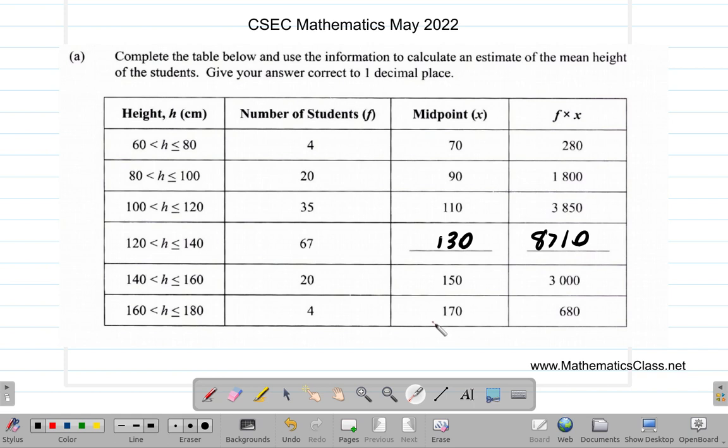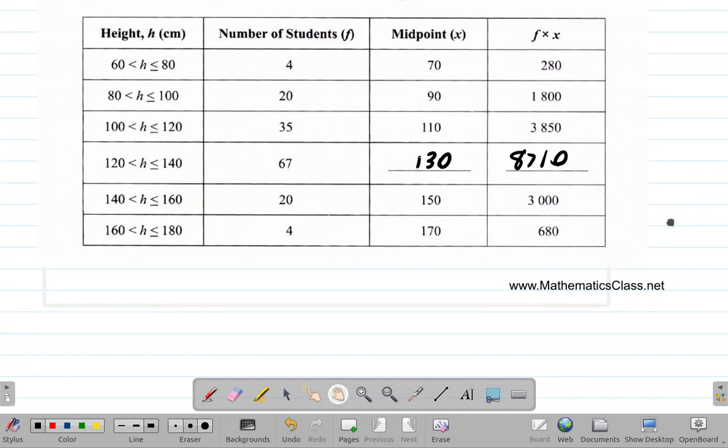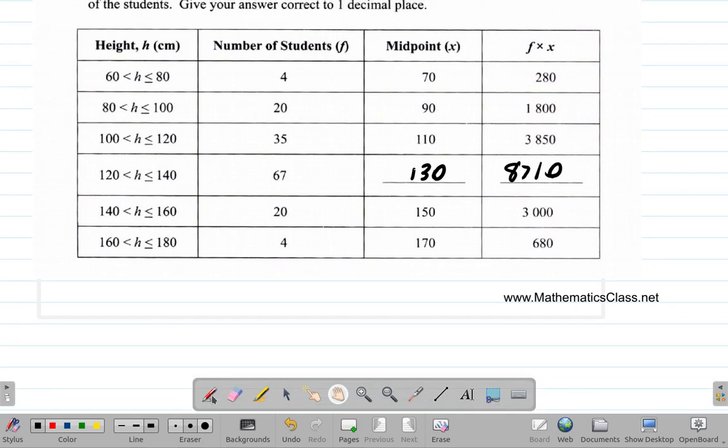But then, let's look at something else. Some students make a mistake. This is a common mistake with this type of question.